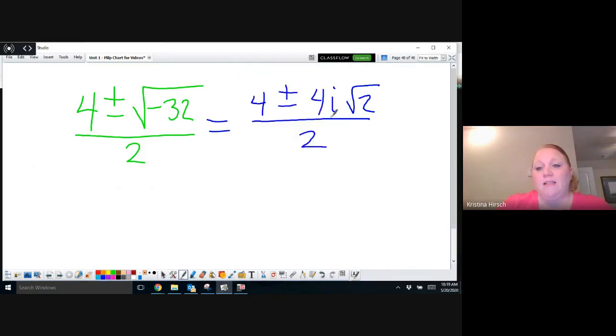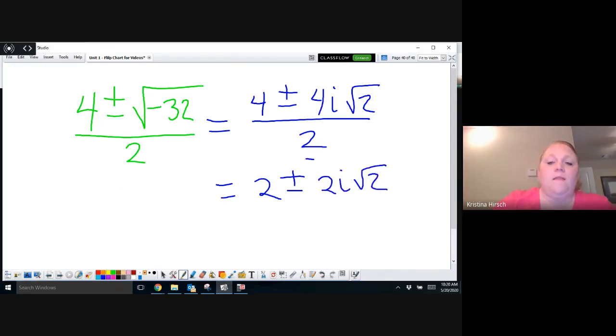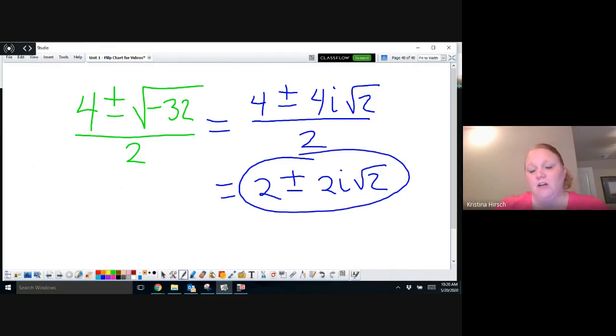Now remember, the i gets kind of sandwiched in the middle because we don't want to put it at the end because somebody might mess up and think it's under the radical, right? So the last thing we would do is simplify this, all right, because 4, 4, and 2 are all divisible by 2. So think about this as like 3 different terms, right? 4 divided by 2 is 2, plus or minus 4i square roots of 2 divided by 2 is 2i square roots of 2. And those would be the two imaginary solutions.